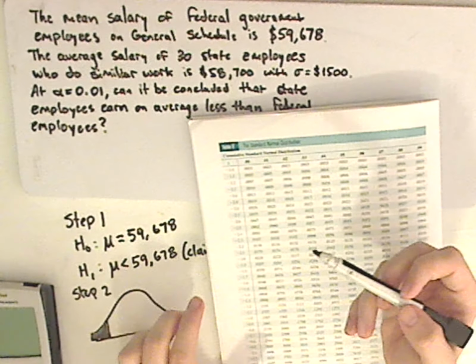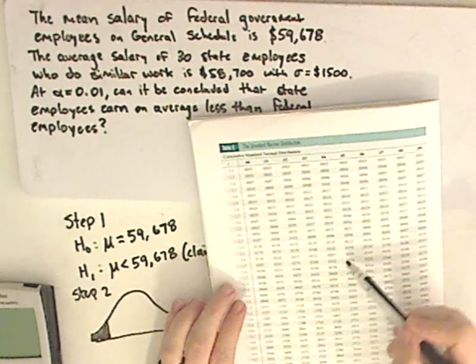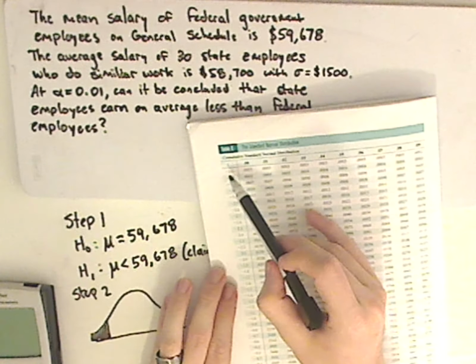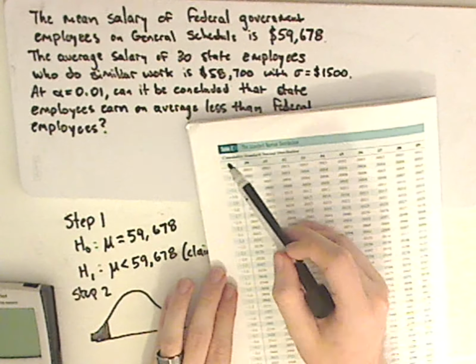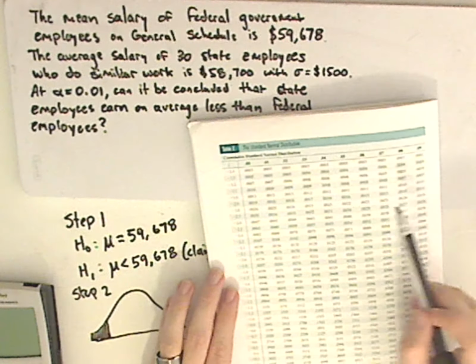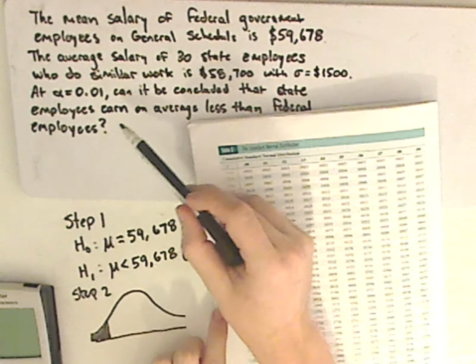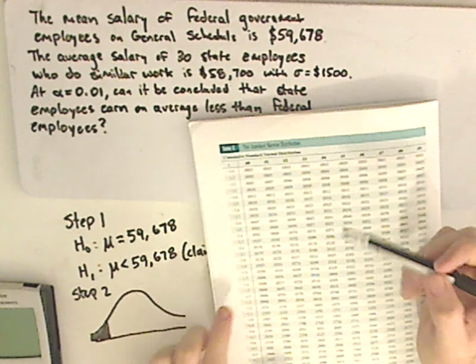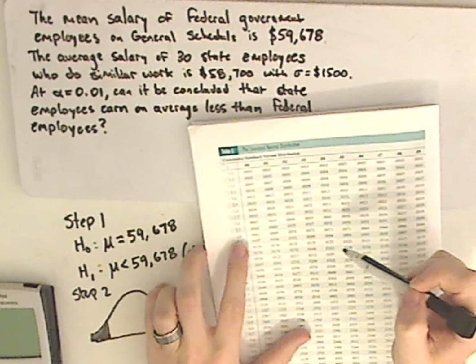And with z-scores, the area is inside, and then you got the ones and tenths in one column, and then you got the hundredths place on top. So I'm looking for a 0.01 and find the closest to 0.01.